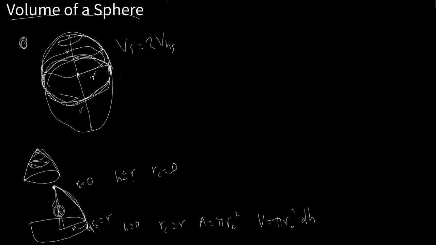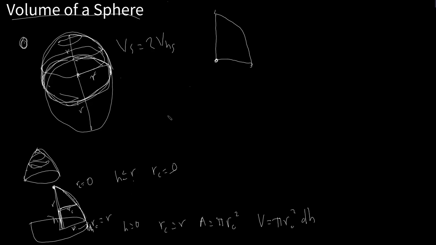So let's say I assign some arbitrary height here h. How do I get this r sub c for this h, right? So if I draw this again over here for simplicity, we have a circular surface here because it's a sphere.